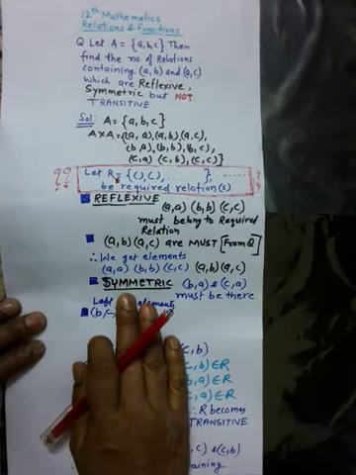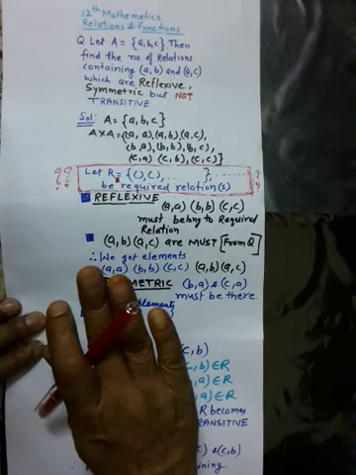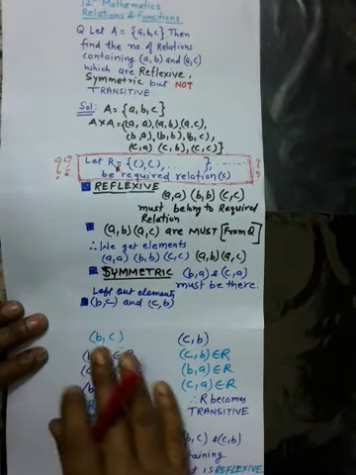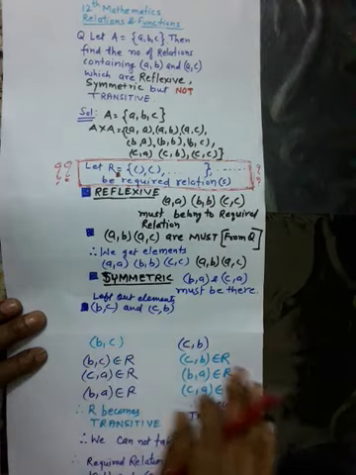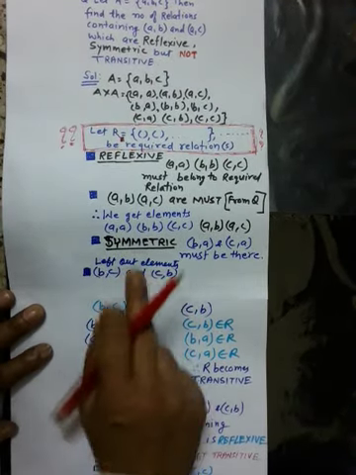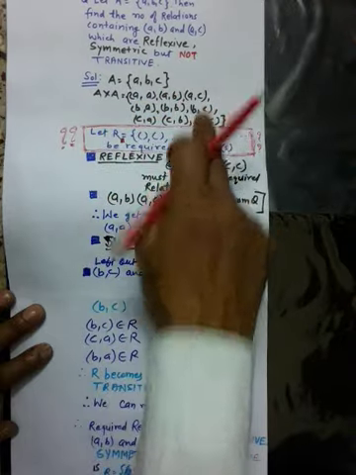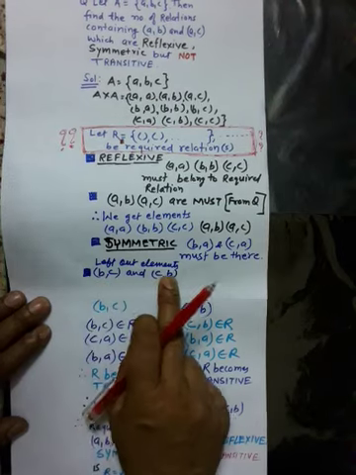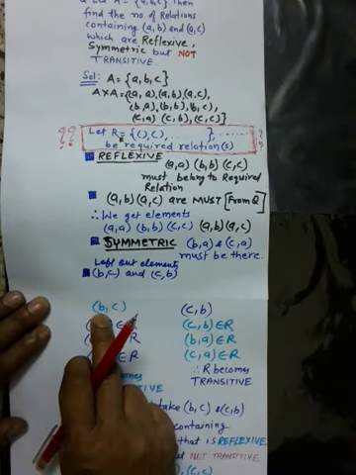Now see, we are not to get a transitive relation. So let us check about the left out elements. Out of 9 elements, we have taken here 7. So 2 are left out, (b, c) and (c, b). Now check for (b, c).